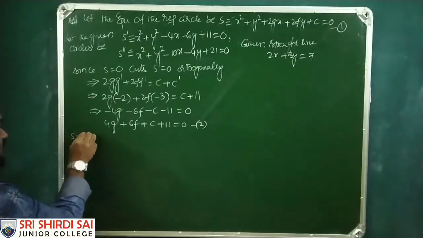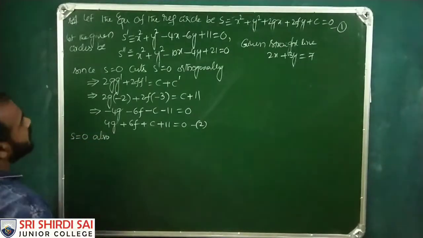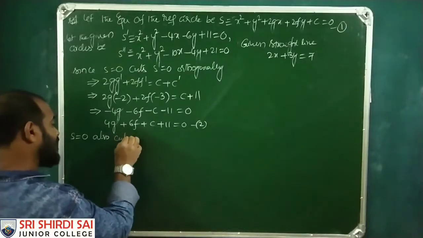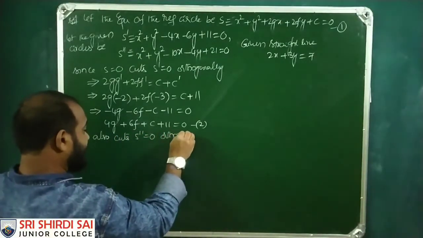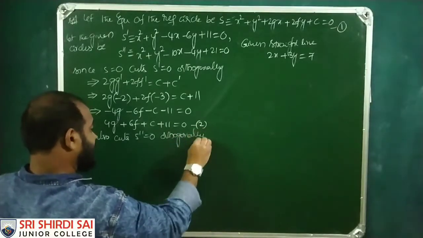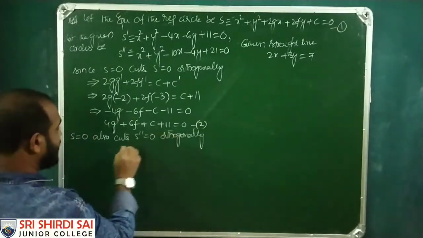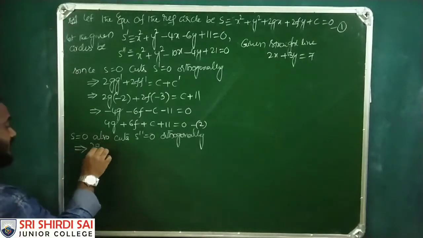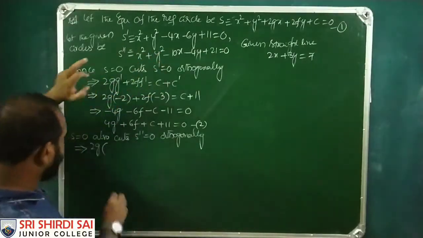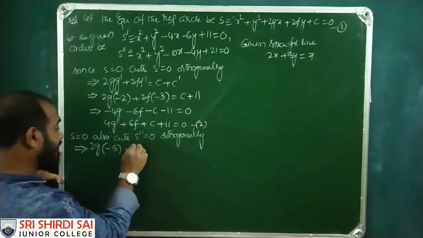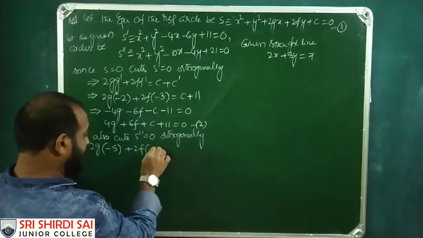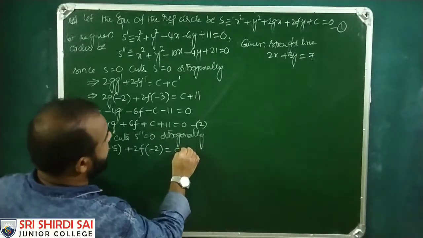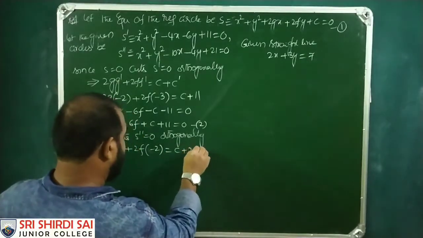So s equals to 0 also cuts s double dash equals to 0 orthogonally. This implies 2g dash is minus 5, 2f dash is minus 2, equals to c plus c dash, c plus 21.